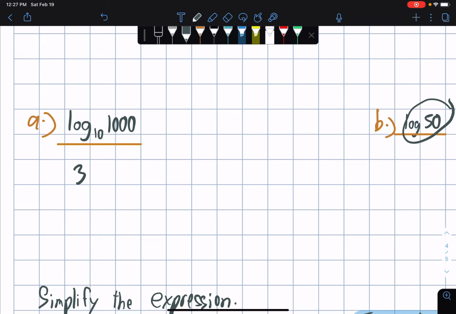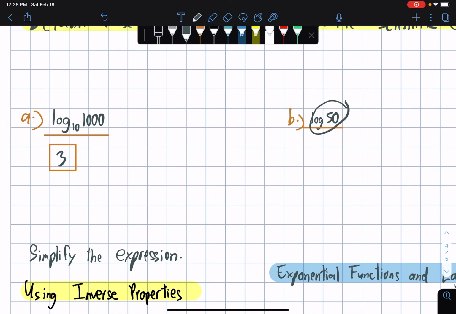My hypothesis as to why the answer is 3 is that 10 raised to 3 is 1000. I may be proven wrong in this, but it's just my mere hypothesis. There may be other reasons why the answer is 3 when it comes to this specific question.